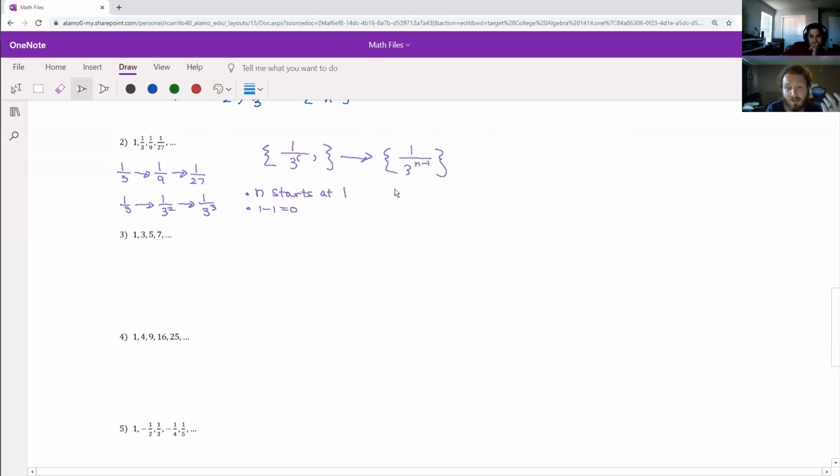If we check this, we get 1/3 raised to the 1 minus 1 power, which is 1/3 to the 0, which is 1/1, which is just 1. You get 1/3 to the 2 minus 1 power, which is 1/3. 1/3 to the 3 minus 1 power, which is 1/3 squared, which is 1/9, and so on.